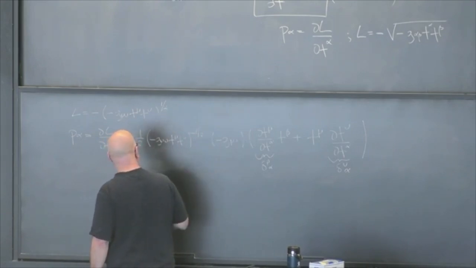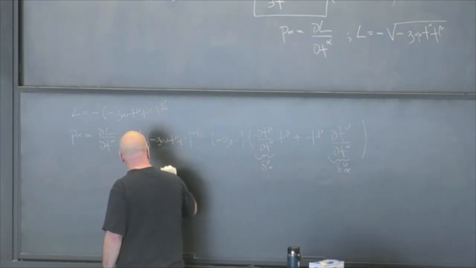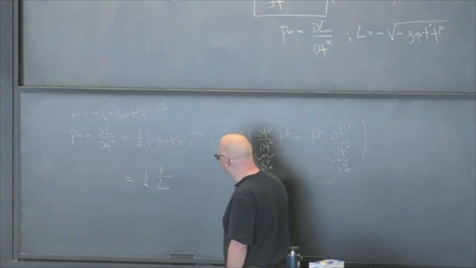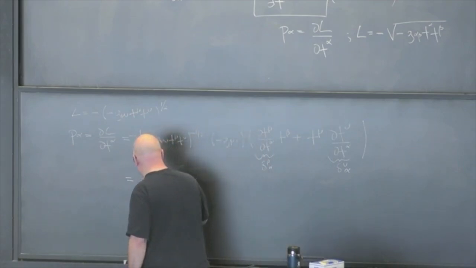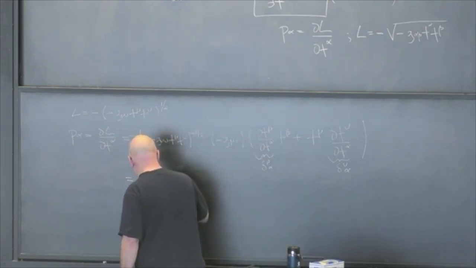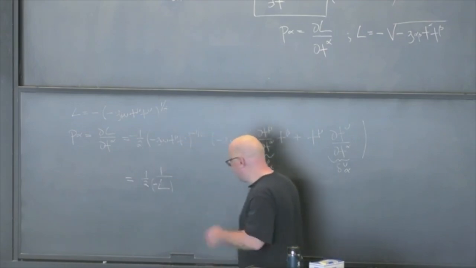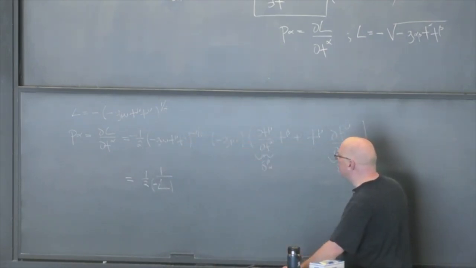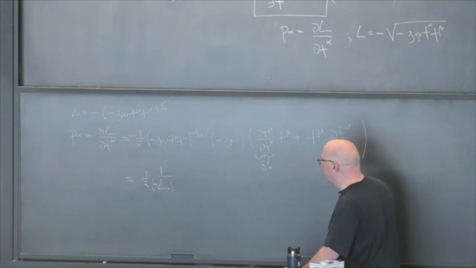They kill each other off. I'm going to get 1/2. This is a factor of 1 over the Lagrangian, so I'm going to, sorry, this is minus the Lagrangian. So now I can see that maybe my sign conventions were not. Anyway, doesn't matter.